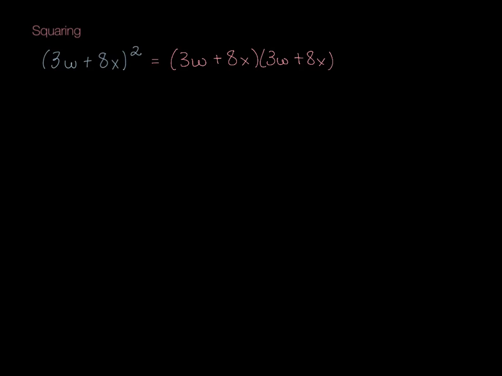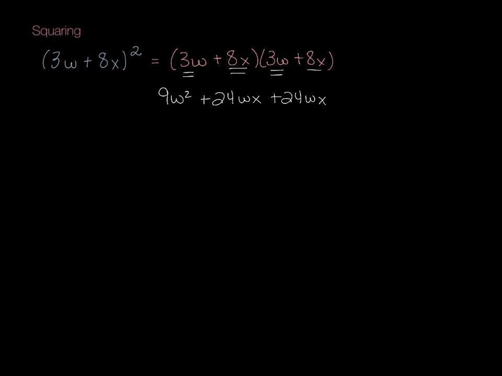And so we can see we have two binomials here that we would need to FOIL. So multiplying the first two terms together, we would get 9w squared. Multiplying the outside terms together, we would get plus 24wx. Multiplying the inside terms together, we would get plus 24wx.